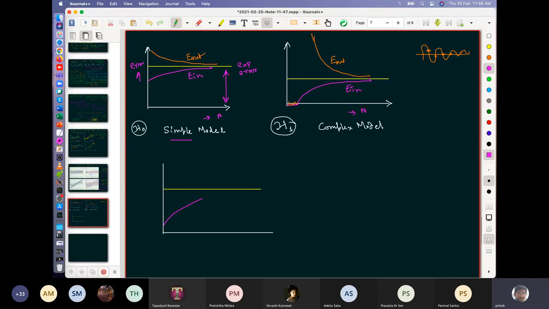I was coming with E in like this, and I was coming with my expected error like this. So you can see that your in sample error is this much at any given n. This is your in sample error, E in, right?